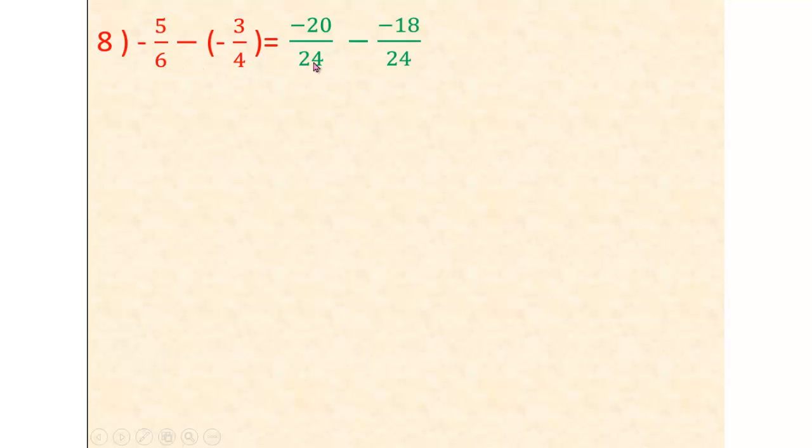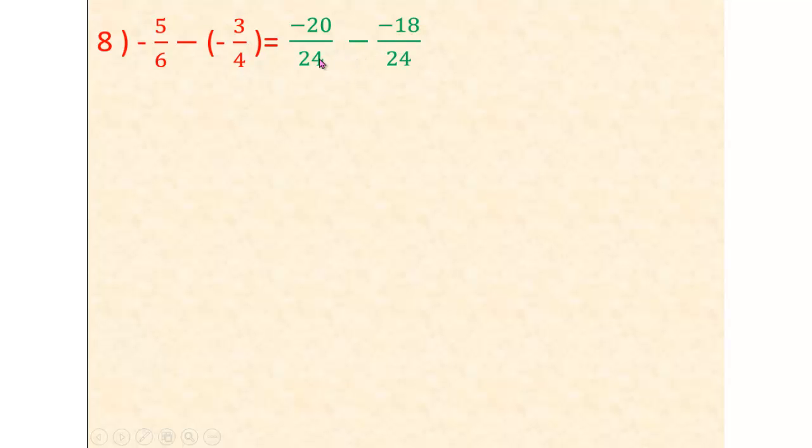So I'm going to let the denominator of both my rational numbers be 24. I multiplied here by 4 to have the denominator 24. So negative 5 times 4 is negative 20. And I multiplied here by 6 to have my denominator as 24. So negative 3 times 6 equals negative 18.